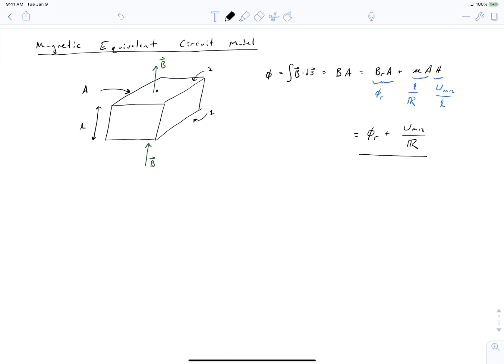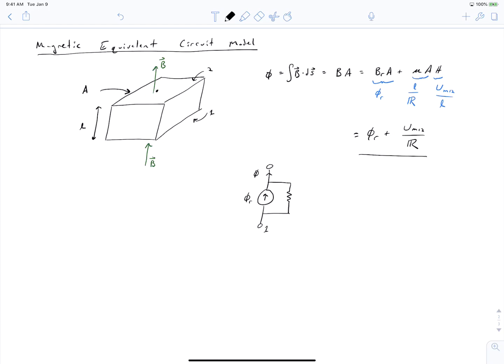And this looks like a circuit element that we can draw. So if we start to draw this, we can say that we've got a current source, which is phi R. So we're again looking for an expression of our total flux. It's going to be that current source, plus it's going to be the voltage that appears across the reluctance of our flux tube.